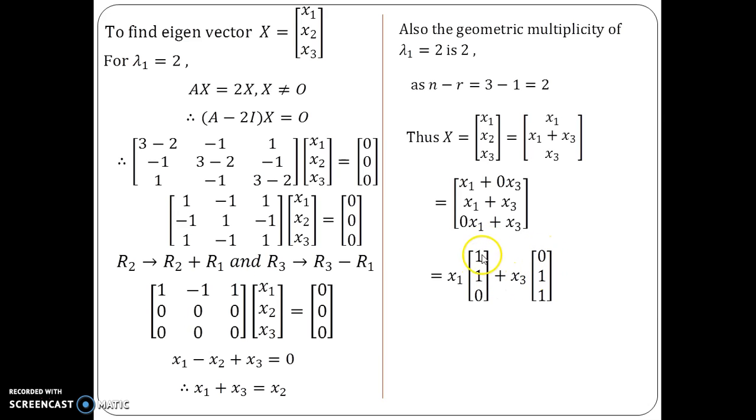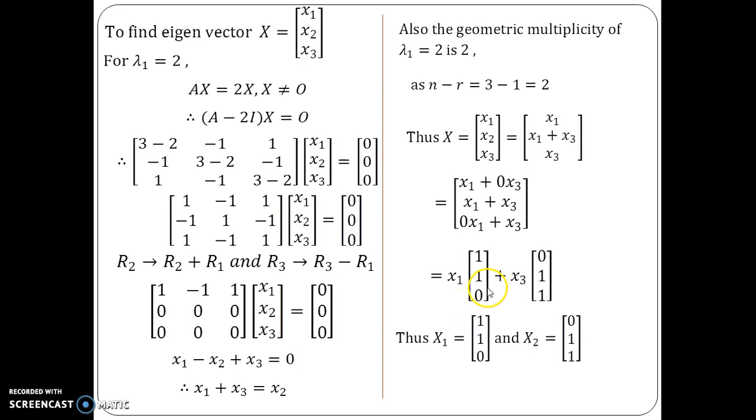What I am left with is 1, 1, 0 in one vector and 0, 1, 1 in another. So finally I obtain two distinct eigenvectors for the same eigenvalue lambda equal to 2. My first eigenvector x1 is 1, 1, 0, and the second eigenvector x2 is 0, 1, 1.